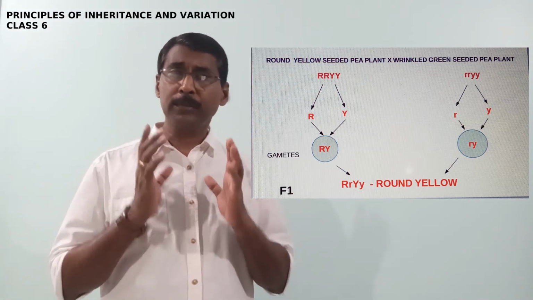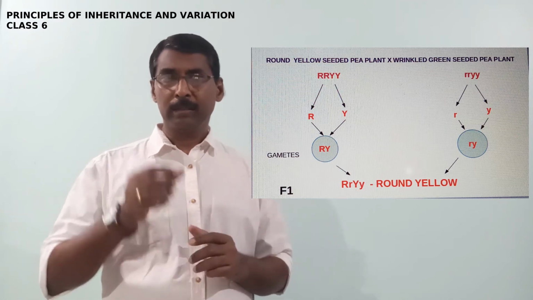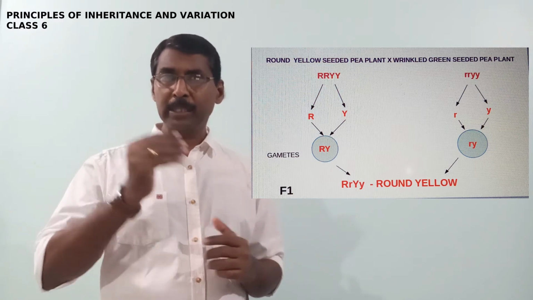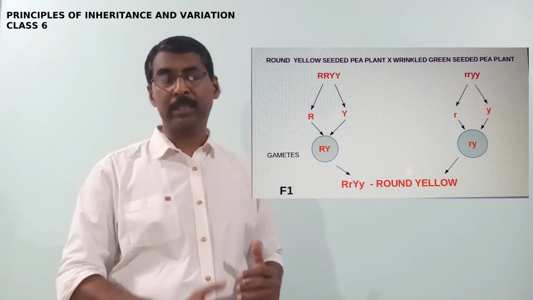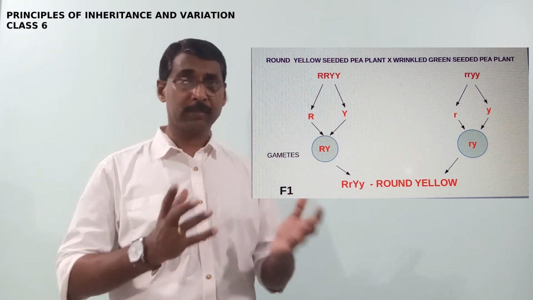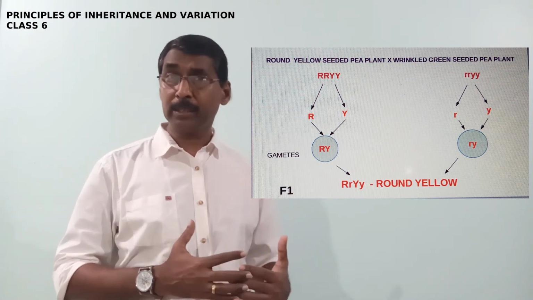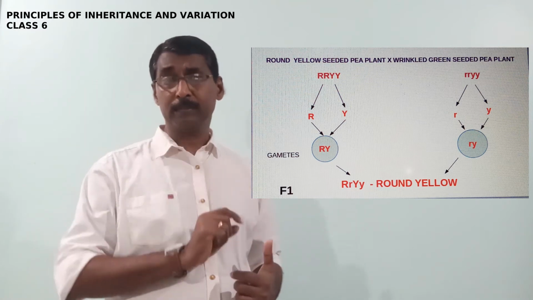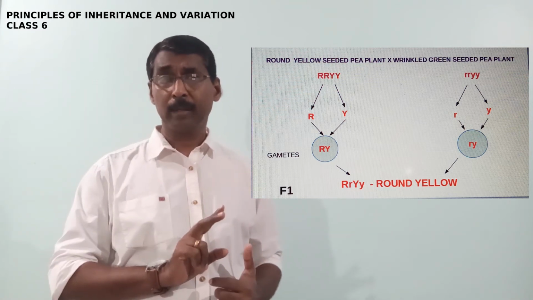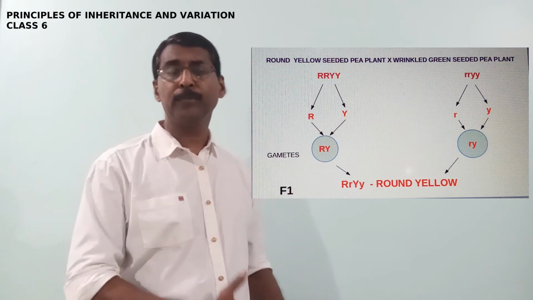This is according to the law of dominance. According to the law of dominance, the dominant character appears in the F1 and the recessive character is masked or hidden. That is what happened here also. The dominant characters are round and yellow. Both are dominant characters. These characters appeared in the F1.